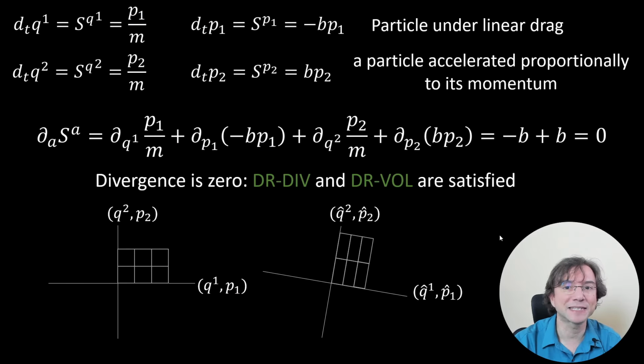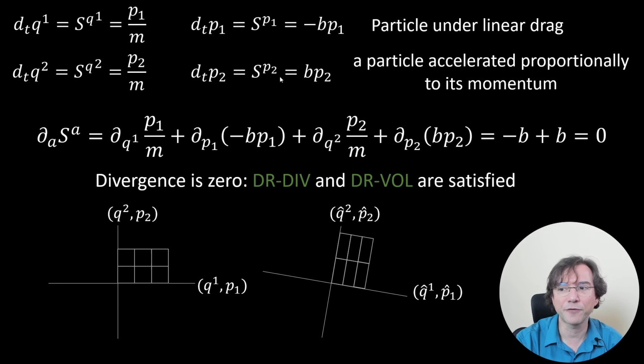So let me give you an example in which that happens, in which we are shrinking the area on 1 degree of freedom while stretching the area on the other in a way that the volume remains conserved. So in this side, right, we have that the velocity is momentum over m, and the change in momentum is proportional to the negative momentum, which means the particle is slowing down, and these are the equations for a particle under linear drag.